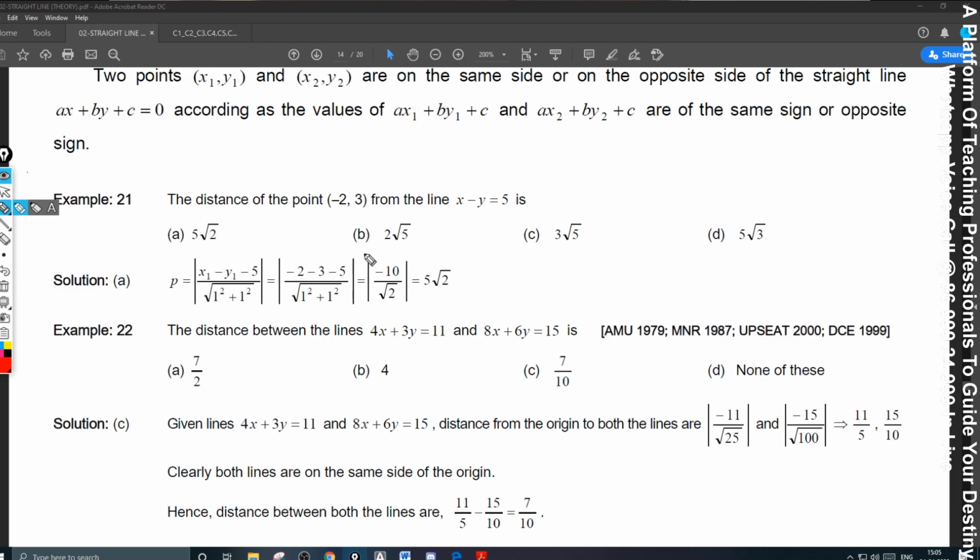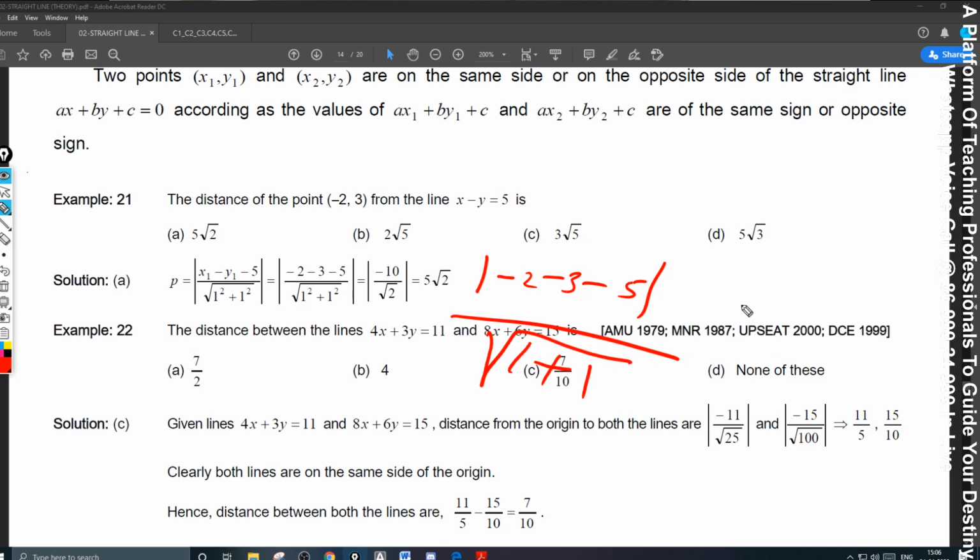It is modulus of ax1 plus by1 plus c by root over a square plus b square. Minus 2, minus 3, minus 5, minus 10 divided by root 2. It's nothing but 10 by root 2.